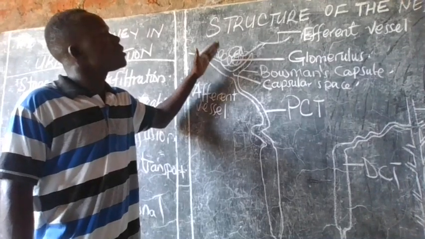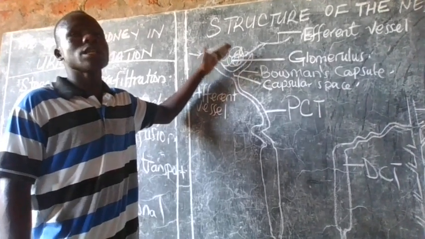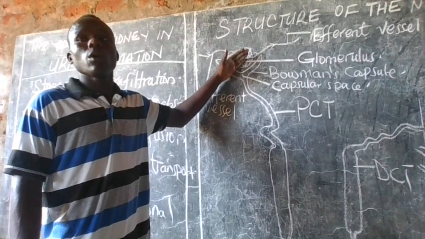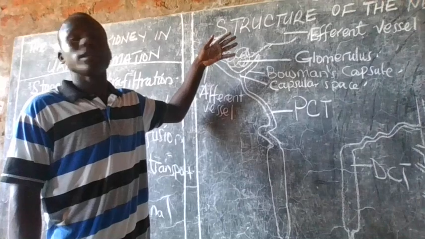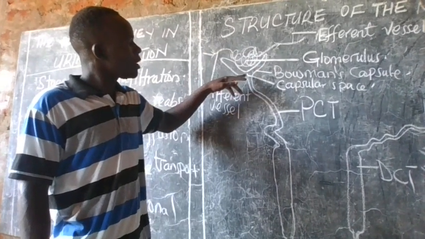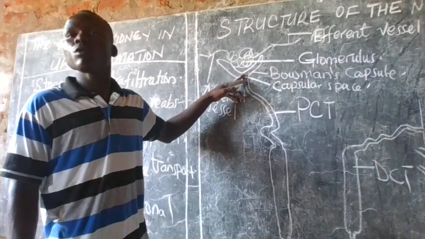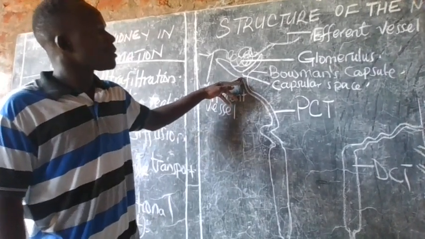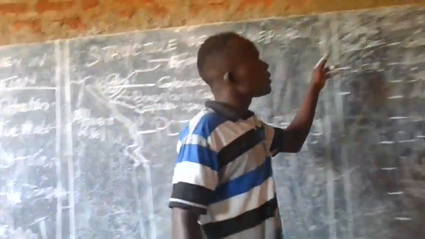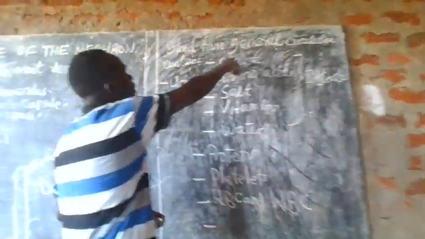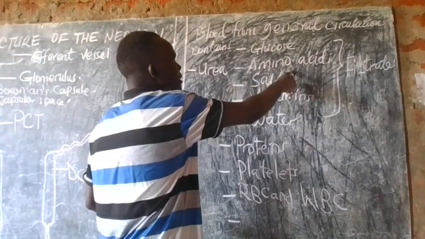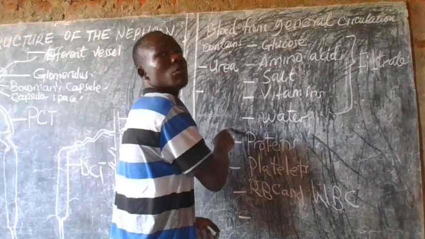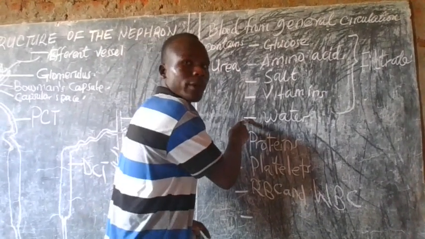This forces simple molecules or smaller molecules among the components of blood to enter forcefully into the capsular space to form the glomerular filtrate. Realize that glucose, urea, amino acids, salts, vitamins, and water are small, simple molecules.